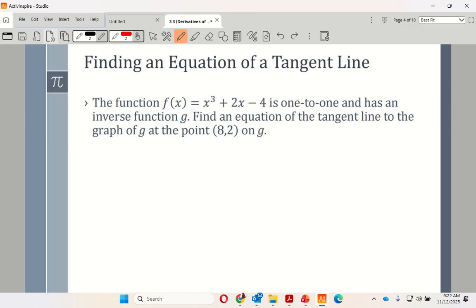So that means that I am looking for g prime of 2, which should be equal to 1 over f prime of 8.